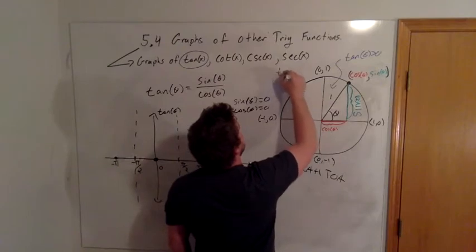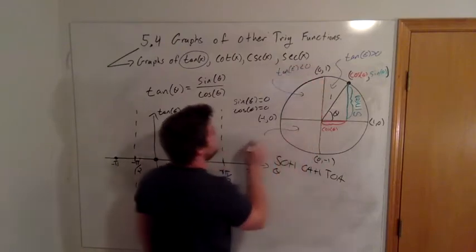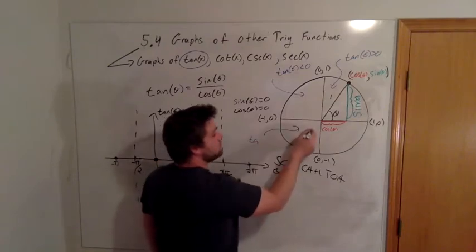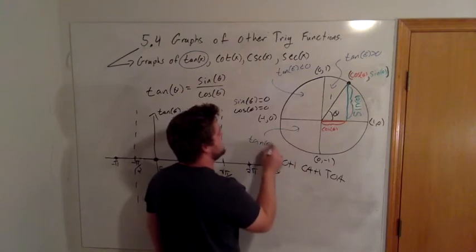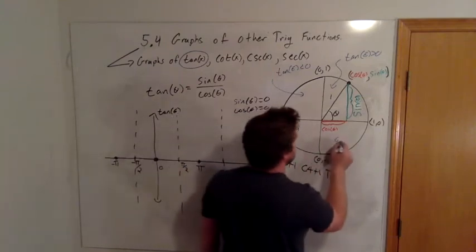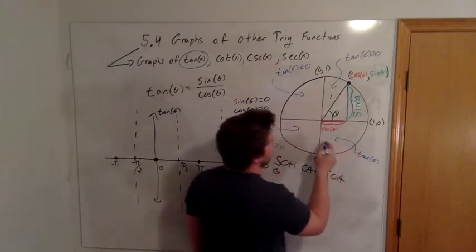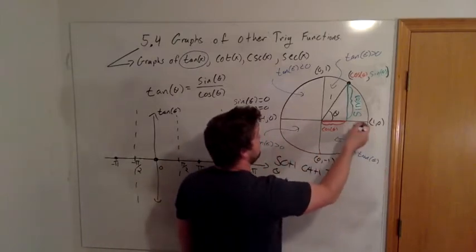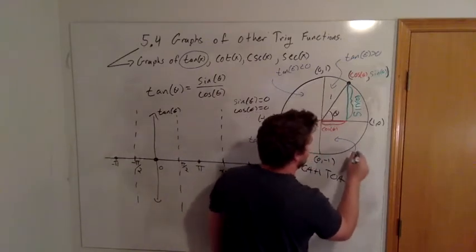Here, tangent of theta is negative. Here, since both sine and cosine are negative, take 2 negatives and divide them, you get a positive. Tan of theta is positive here. And here, the x-coordinate is positive, the y-coordinate is negative. Tangent will be negative in this quadrant.